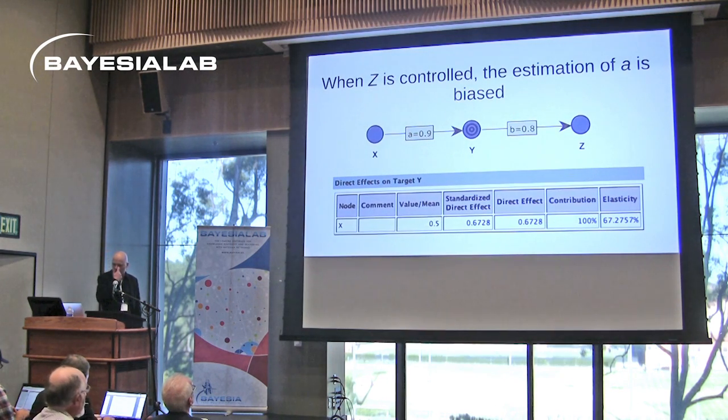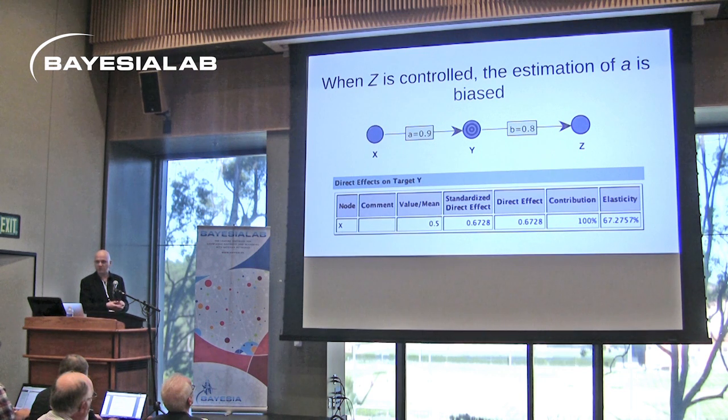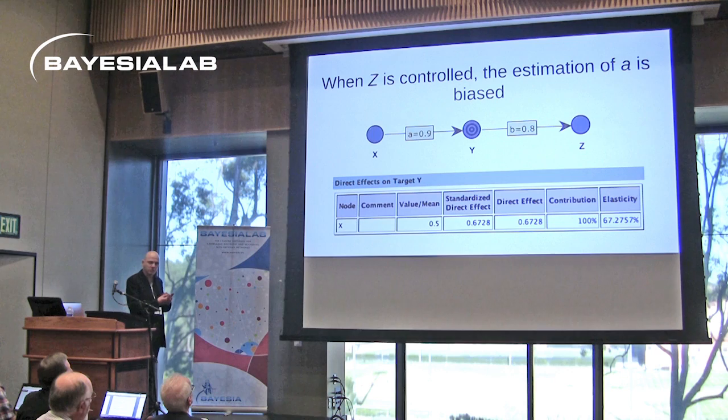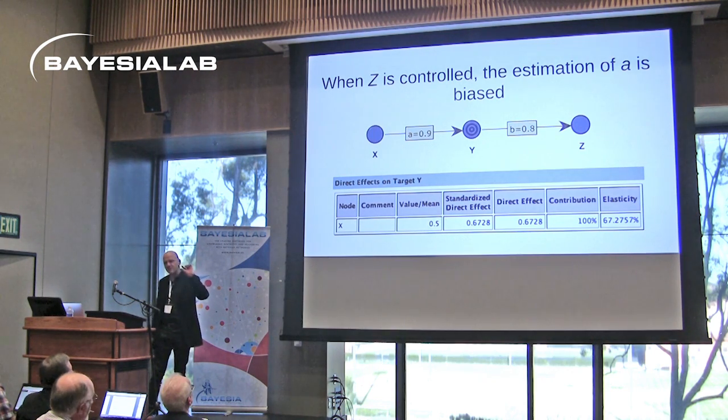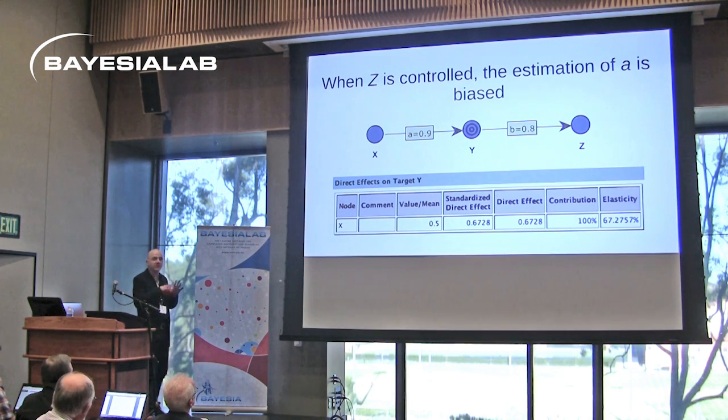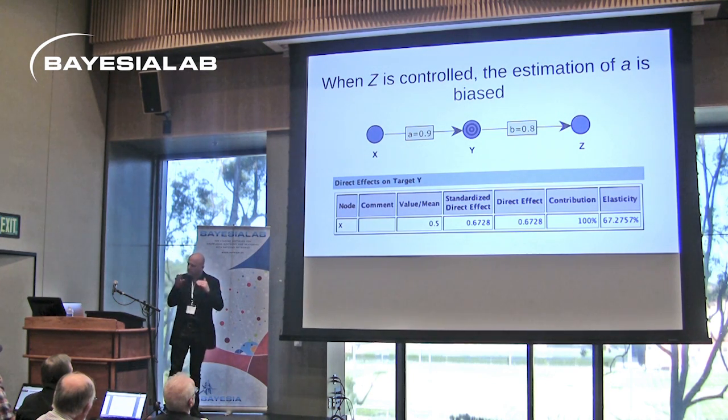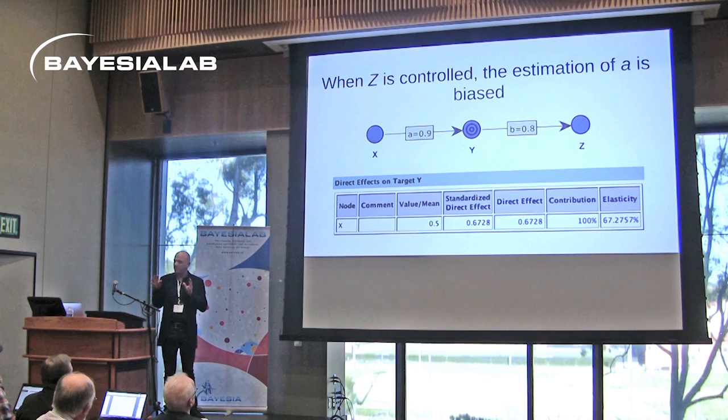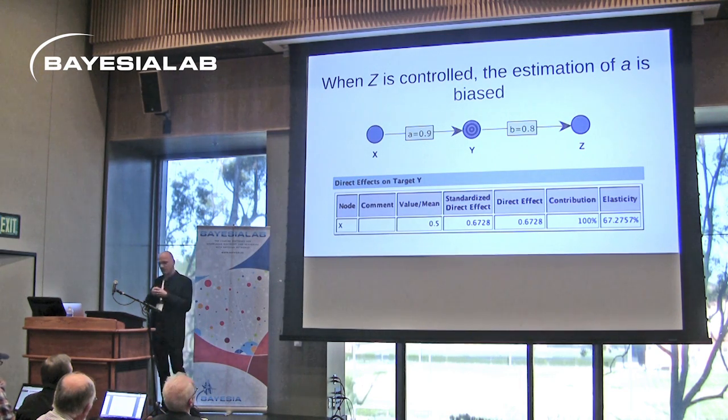Now, if we are not careful enough and do not define z as a non-confounder, so if we control it, then, because when we compute direct effect within BayesiaLab we increase the driver we are analyzing, x, by 1 unit while holding fixed all the other nodes, we are using likelihood matching in order to prevent any movement in the probability distribution of z.